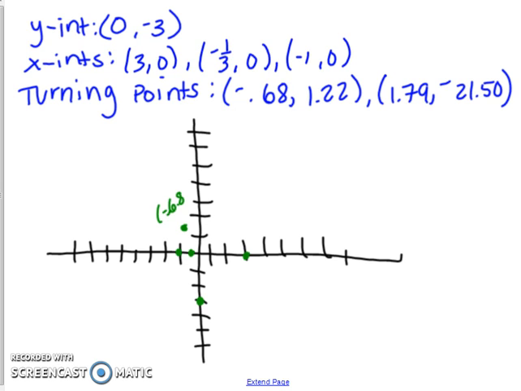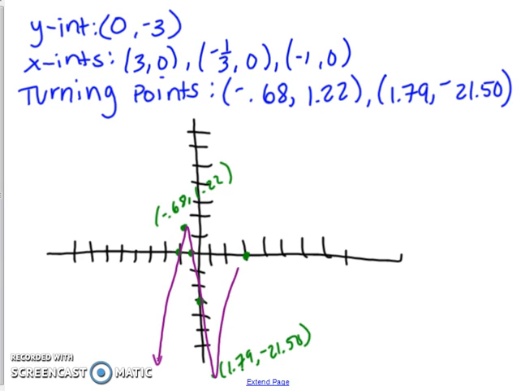So negative 0.68, 1.22. Then I have 1.79, and I'm just going to put this down here since I'm running out of space, 1.79, negative 21.50. So now I can fill in the shape of this. So it's going to go up, down, up.